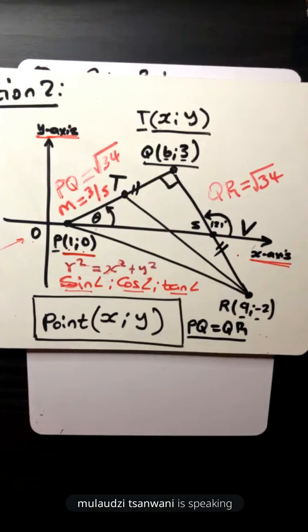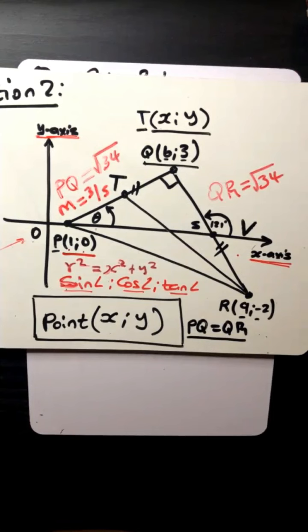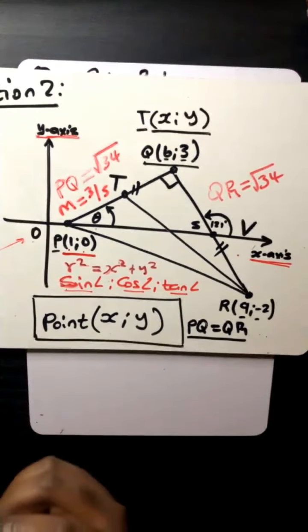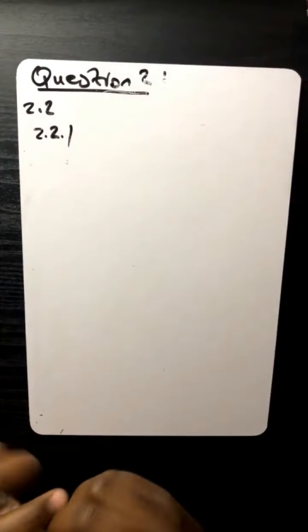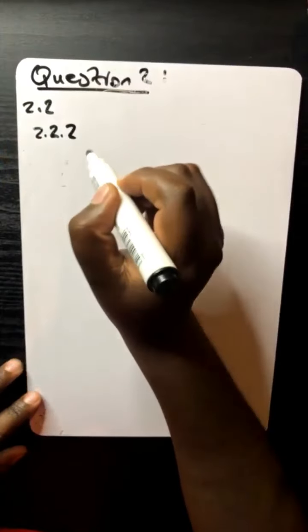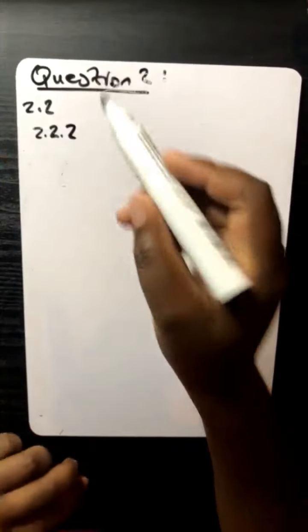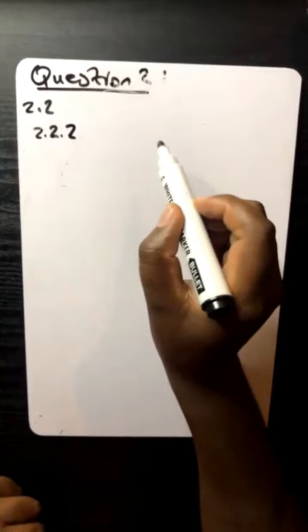Then I'm going to say theta is equal to 121 minus 90. Guys, I'm already feeling some distinctions here. Madam Speaker, what are you saying? Can you give me that formula?